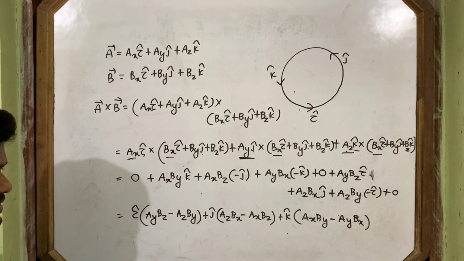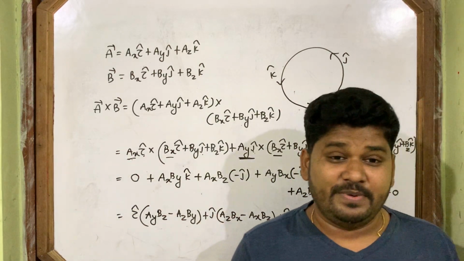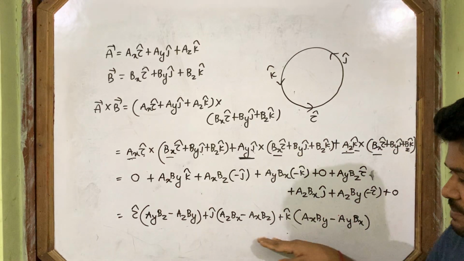So this is the final formula of a vector cross b vector.